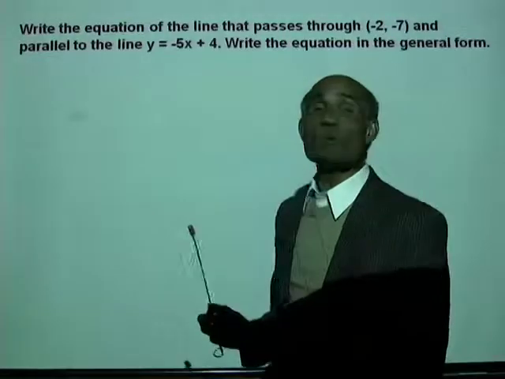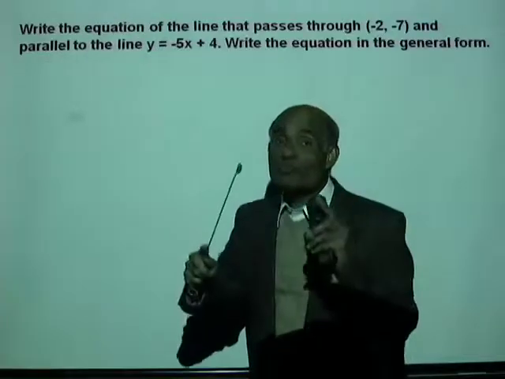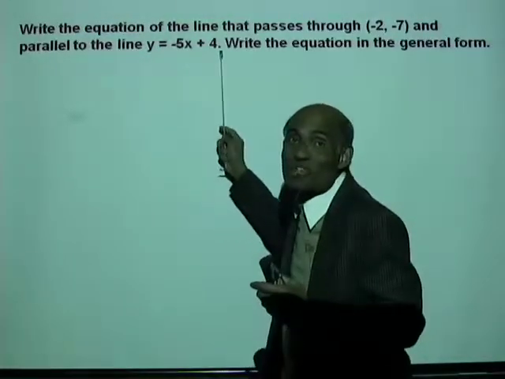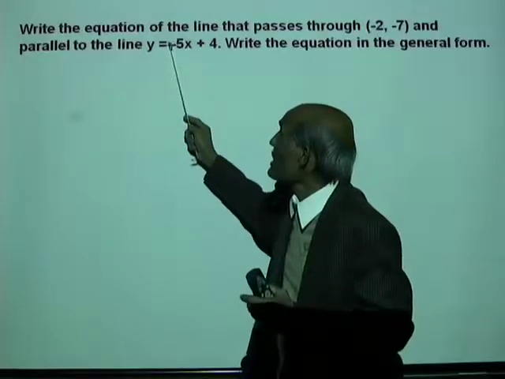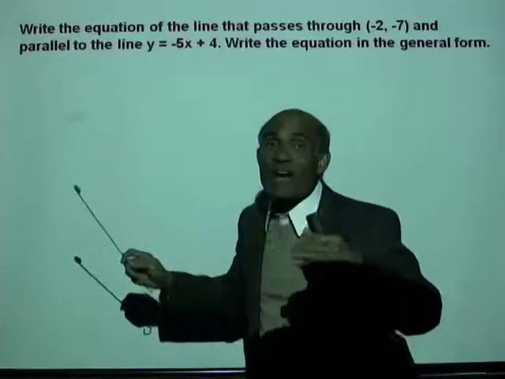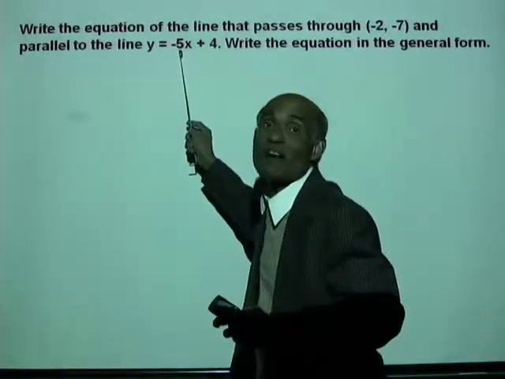Well, the important information you must look for here: we want to write the equation of a line that is parallel to this line, and this line has a slope of -5, and any line parallel to that line will also have a slope of -5.